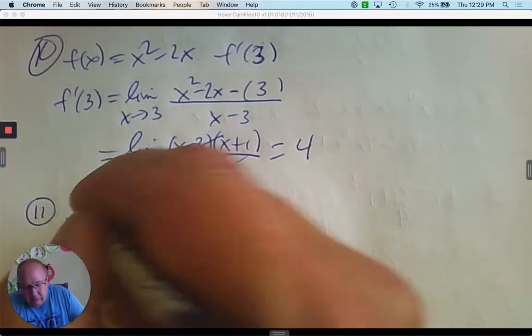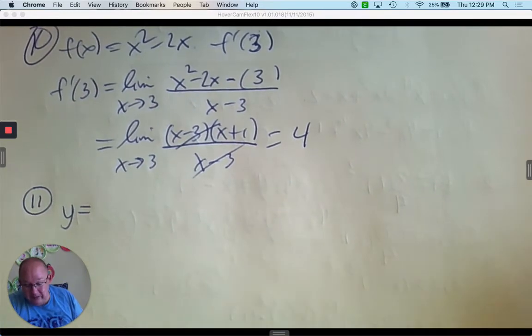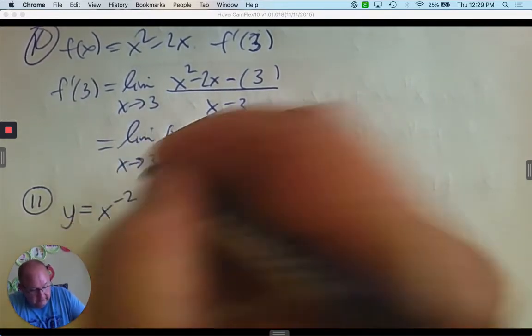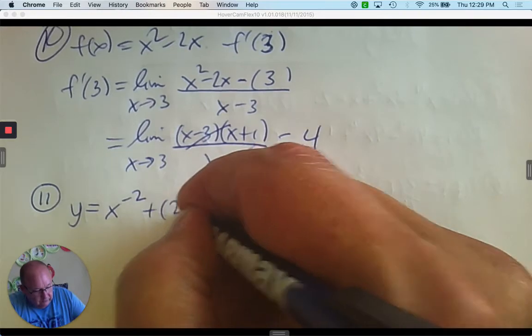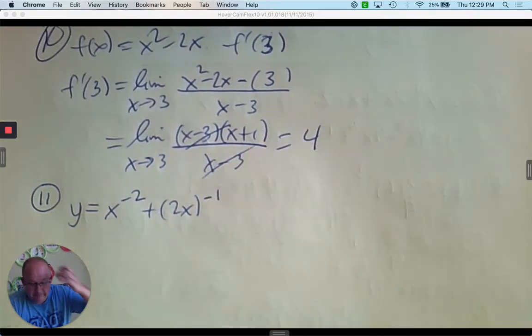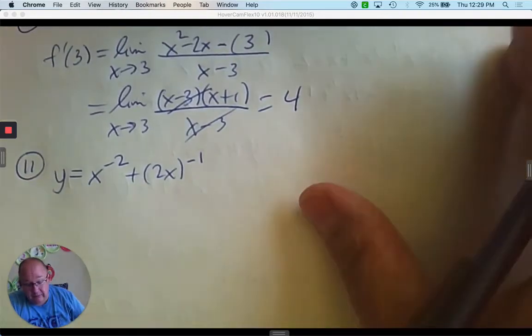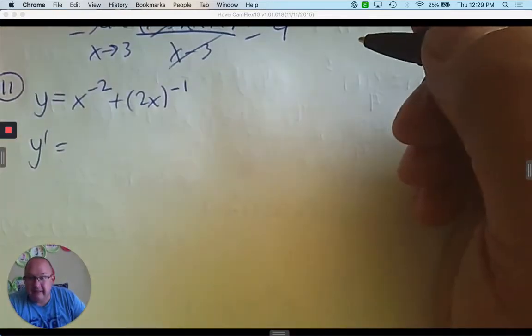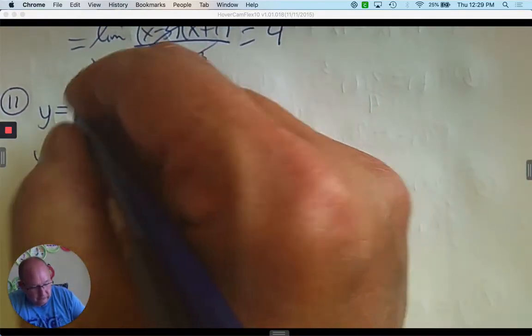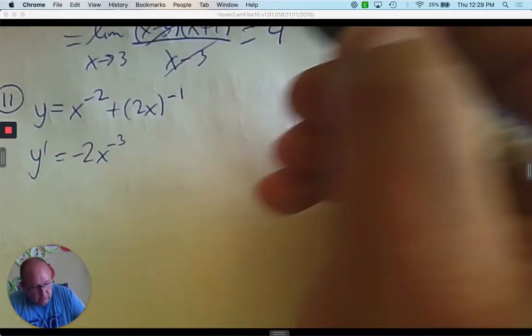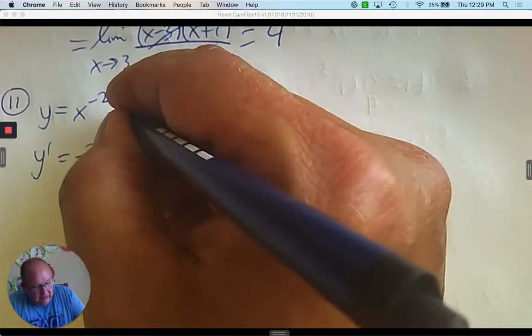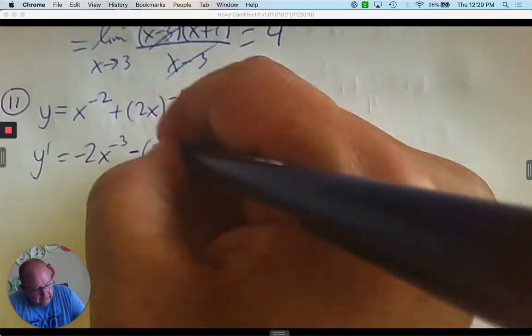Y equals. Now right away I notice I don't like the way it looks. 1 over x squared. Write it better. 1 over 2x. Use parentheses but write it better. And then it asks for the second derivative. So the first derivative I need, and then I can do the second derivative. So the first derivative is negative 2, subtract 1 to the exponent. Then negative times the positive is negative.